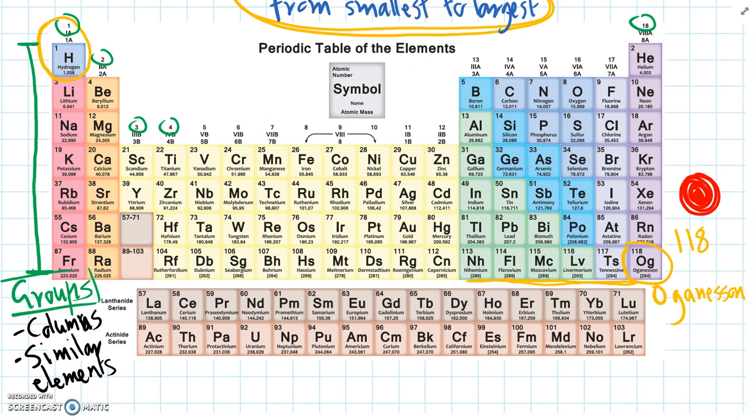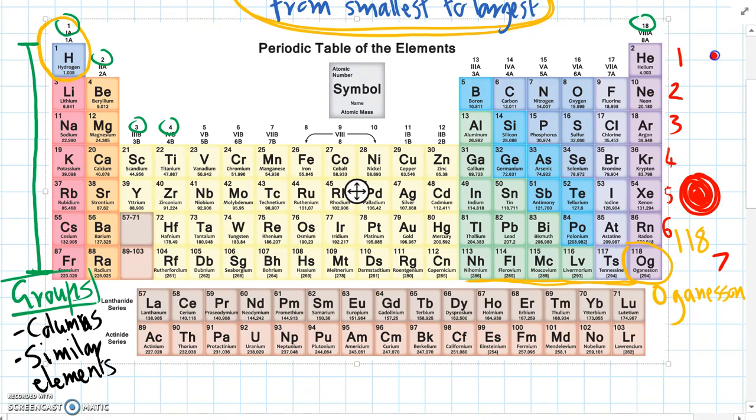Then we can also look at the rows. We have 1, 2, 3, 4, 5, 6, and 7 different rows. And each row contains atoms that are similar sizes. So the first row atoms are quite small, and they get bigger as we go down all the way to the bottom.